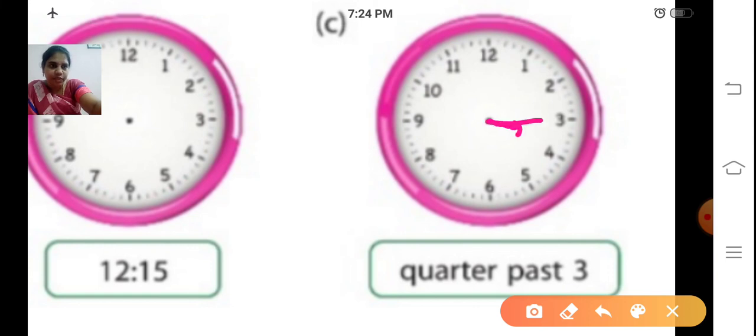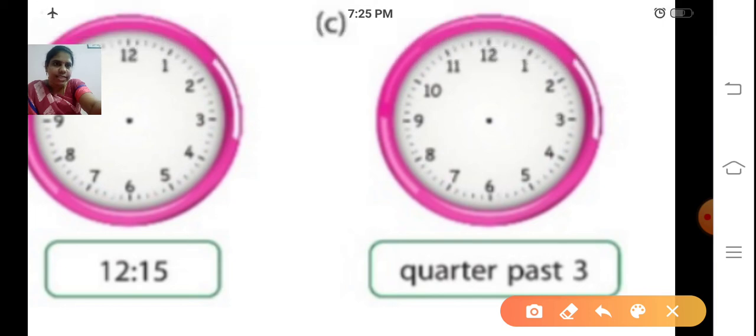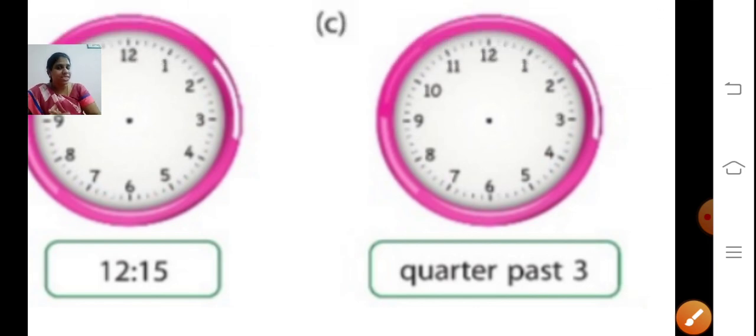So you can draw it a little down because 15 minutes has crossed. So the small hand is at 3, a little down, not exactly at 3, and the bigger hand is also at 3. So the time is 3:15. Quarter past 3 means 3:15.